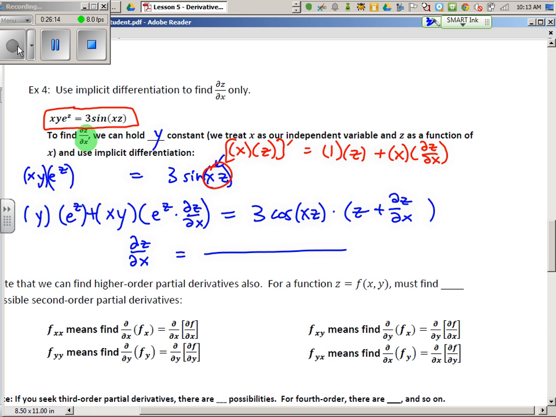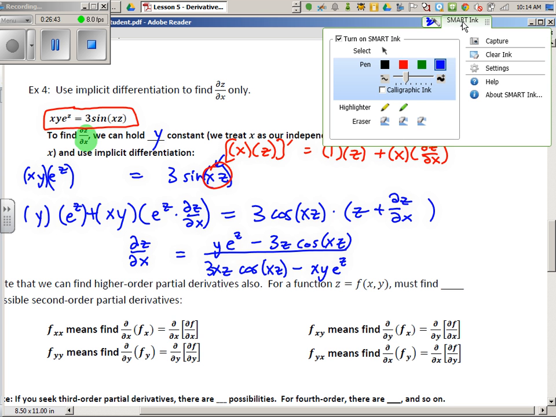So the final answer is y e to the z minus 3z cos xz all over 3x cosine xz, minus xy e to the z. Make sure I copy that right. Yeah, that's correct. So notice the top and bottom are kind of symmetric to each other. They're very similar, numerator and denominator there.